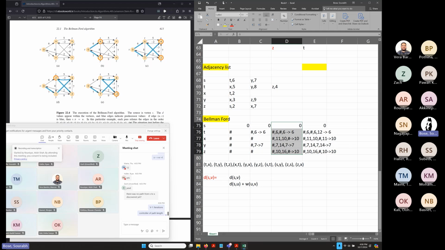So two edges are allowed. Now it is 12 because S to Y to X to T is now being offered. 7, 3, 2. Now we are allowing three edges, and that is why this 12 is getting offered. And that is why V minus 1 edges, because you cannot have more than that. Does that make sense a bit? Like the edge allowance thing.